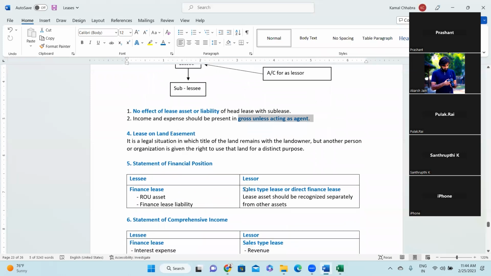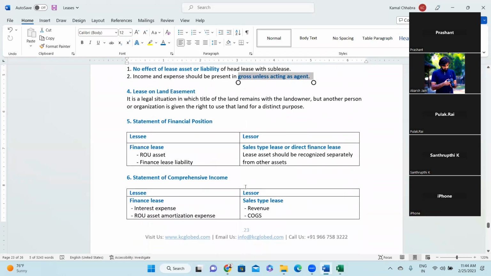Yes, sir. Okay, so the next point is lease on land easement. Do you know what is land easement? No idea, sir. It's like you have taken, say, DDA land, and they give it to you for a 99-year lease.